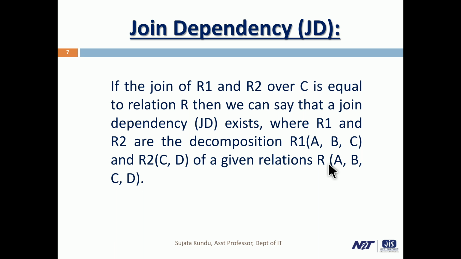So the original relation is R, which has the attributes A, B, C, D, and we have divided this relation into two relations, R1 and R2. R1 has the attributes A, B, C, and R2 has the attributes C, D of the given relation R. So we can say that R1 and R2 are a lossless decomposition of R if it holds the join dependency.